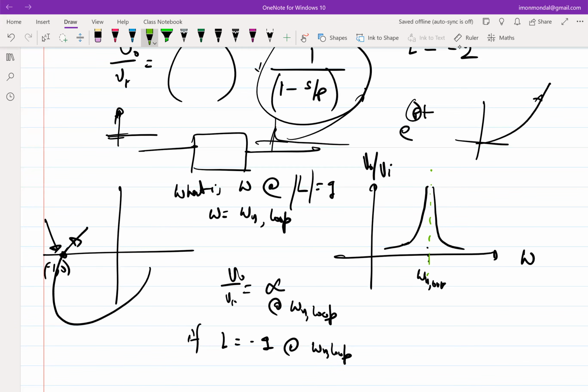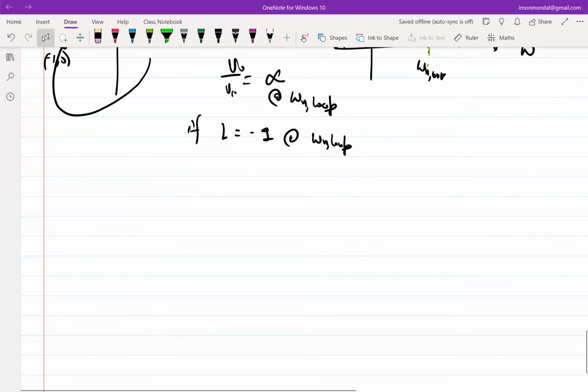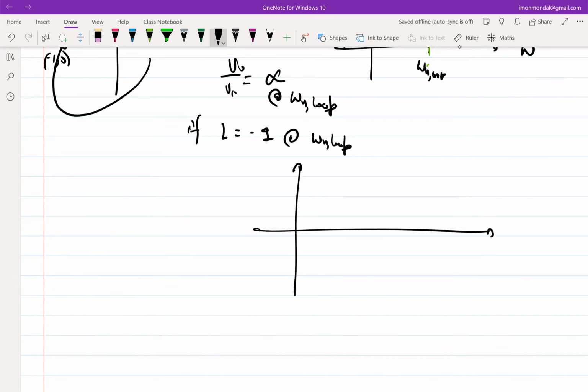You have infinite gain at some frequency. Okay, so this is out of context, but still better to know. Fine. So now, since we know all these things, let's look at the phases and the magnitude of the Bode plot, and try to infer, because ultimately we'll be drawing Bode plots.